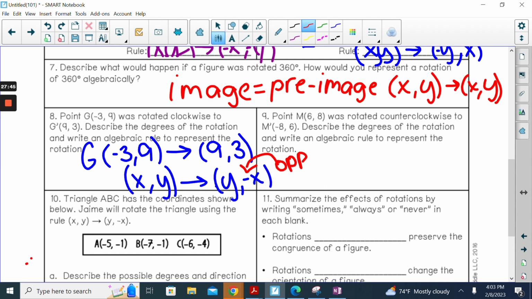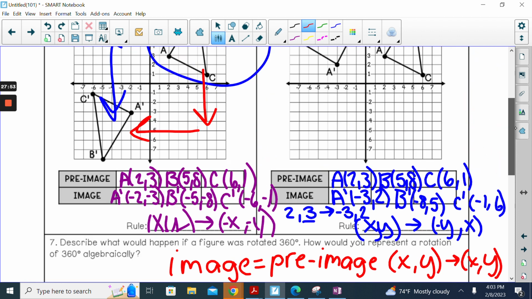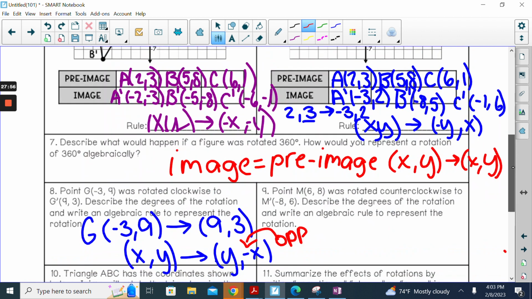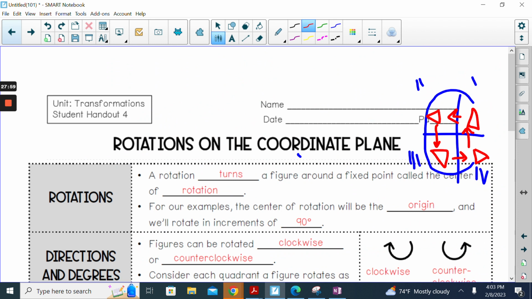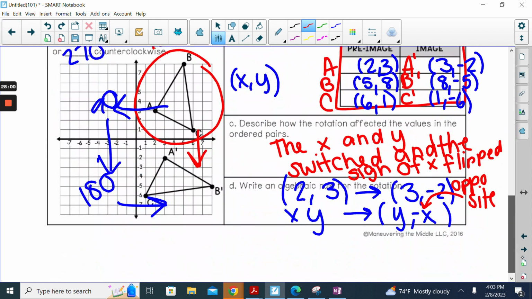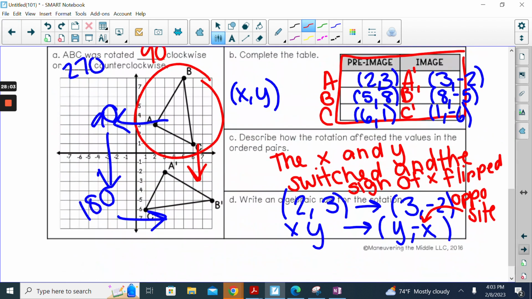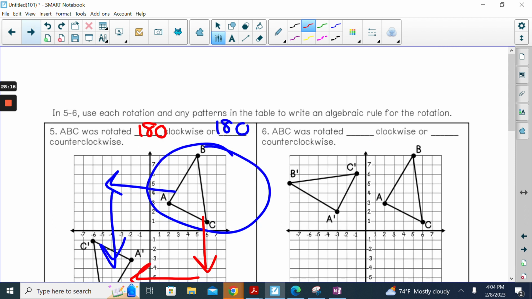So we have algebraically written our rule, and if we wanted to describe the degrees of rotation from negative 3, 9 to 9, 3, go back and look. We moved 90 degrees clockwise, following the same rule that we did.